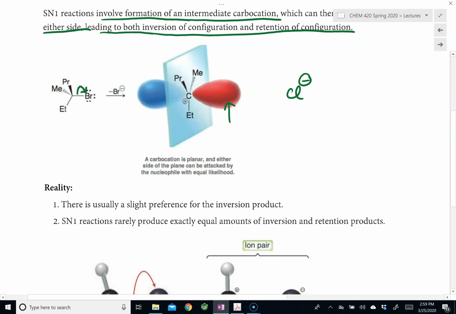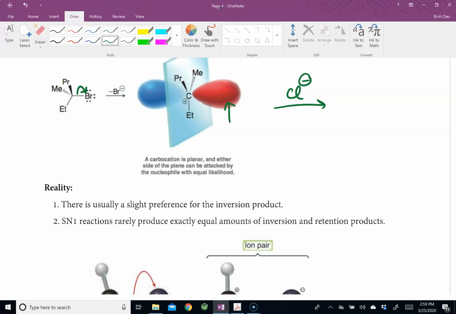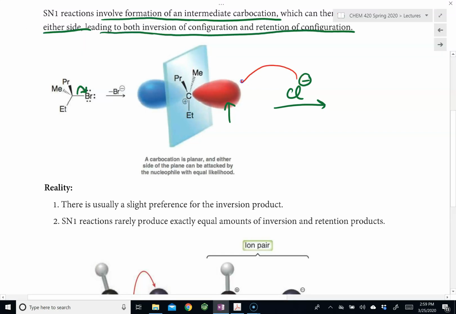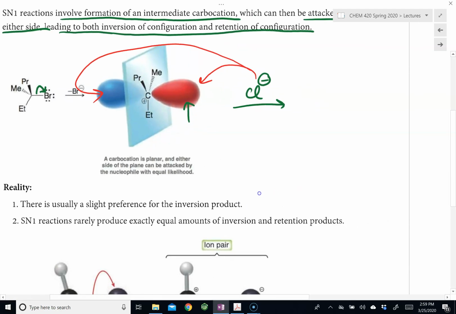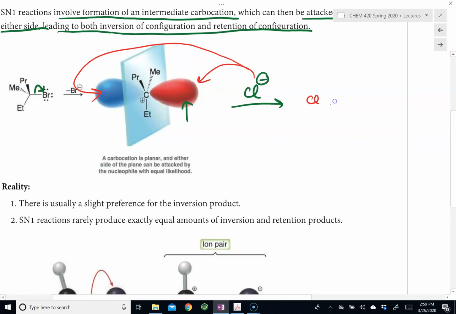Let's say we add in a different nucleophile, say chlorine is the nucleophile. In this case, the nucleophile can come in and attack in this direction or in this other direction. Both of them can happen equally, therefore giving rise to a racemic mixture of product. So we get the product where the chlorine is added to the opposite side, becoming this product.